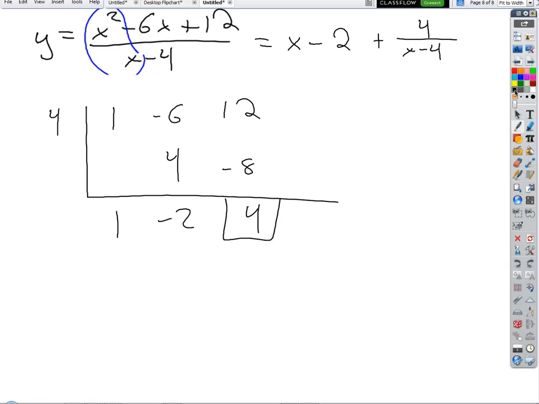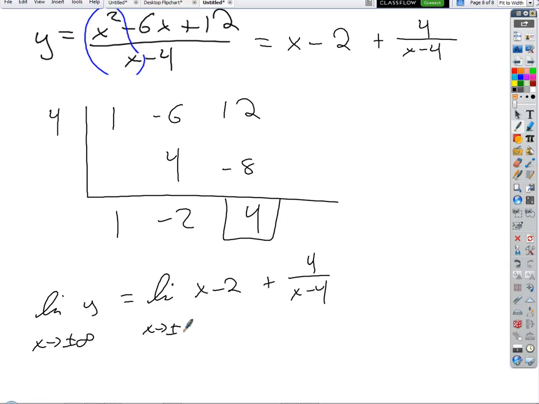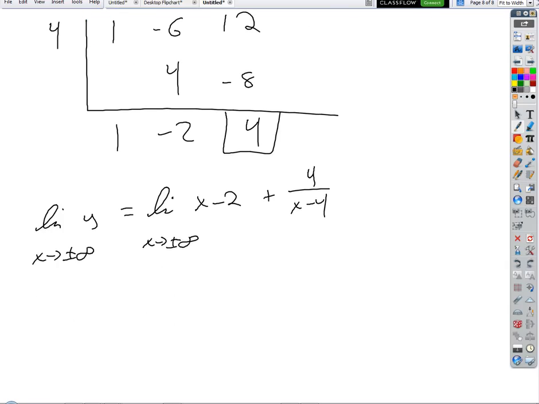In the limit of y as x approaches plus or minus infinity, it's going to be the limit of x minus 2 plus 4 over x minus 4. In that limit, this is the only term that goes to 0. So what are we left with? We're left with the function x minus 2.